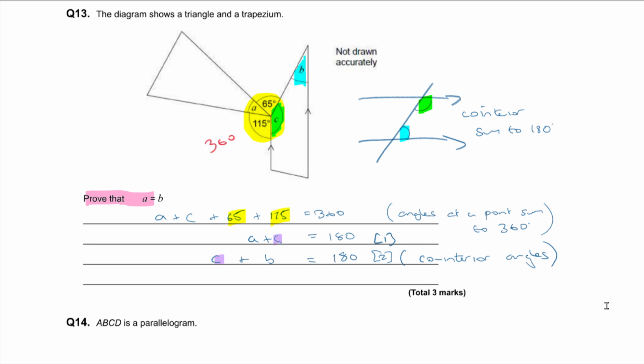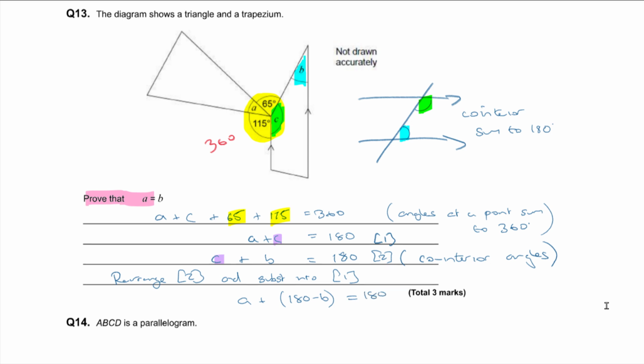So if I rearrange equation 2 to make it in terms of C and then substitute it into equation 1, I'm going to get A plus C. Well, C is 180 minus B, isn't it? So A plus 180 minus B is equal to 180.